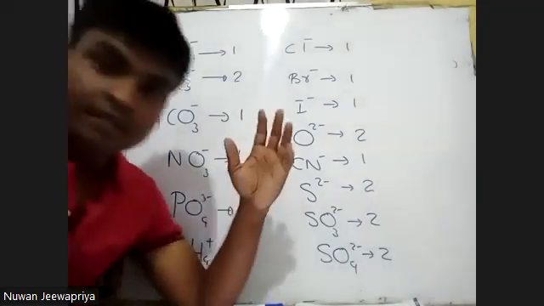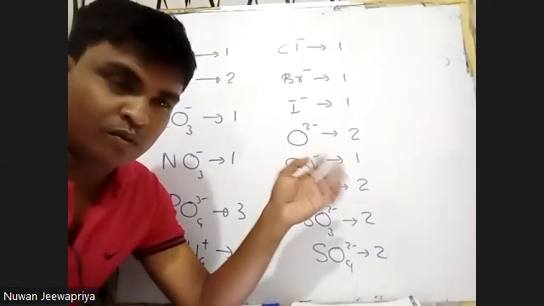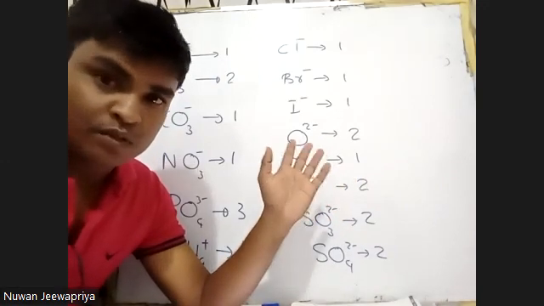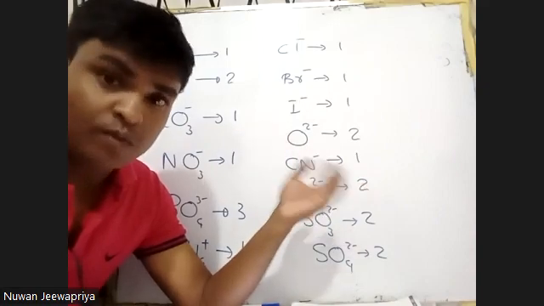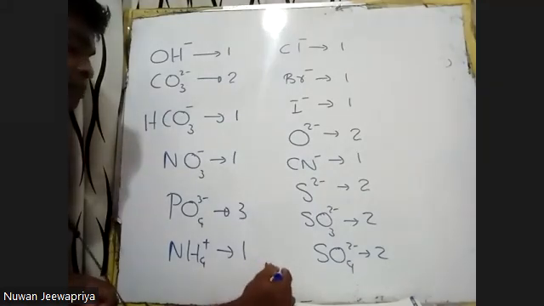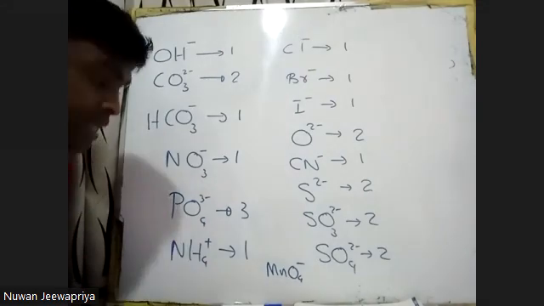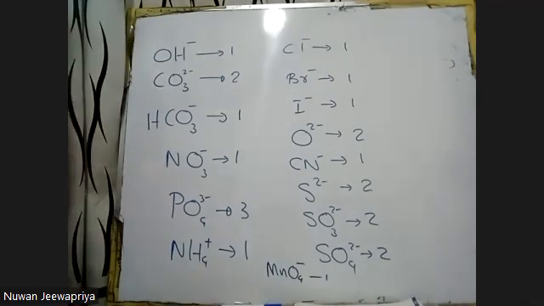These things need to be remembered. There are a few others, like chromate and manganate, which are in the textbook. For example, MnO4 minus, we call that permanganate, valency 1, right?